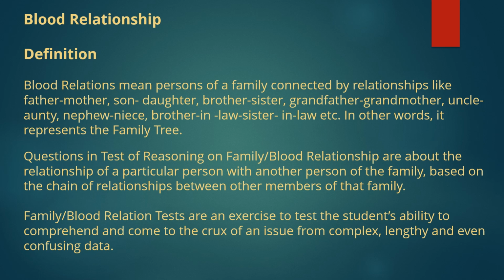Questions in this type of reasoning are about the relationship of a particular person with another person of the family based on the chain of relationships between other members of that family. This type of question will increase the student's ability to solve complex issues where confused data exists.